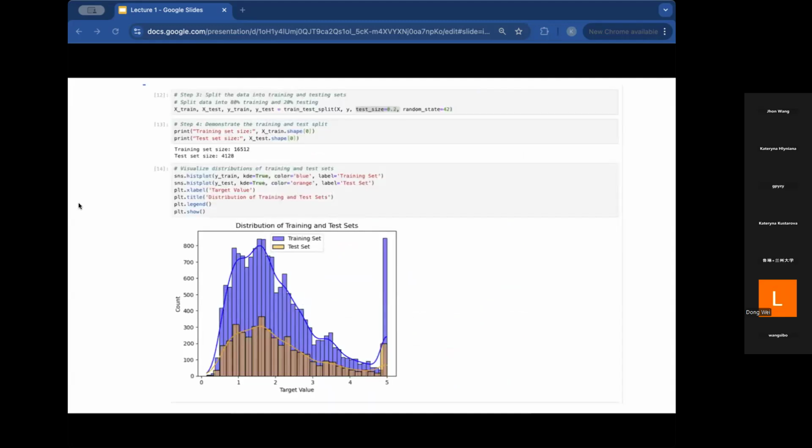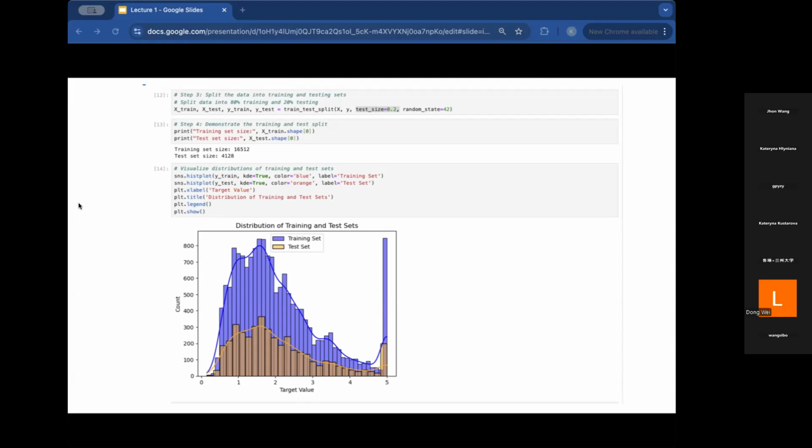Step 3, splitting the dataset into a training and testing set using an 80-20 split. We then visualized the distribution of the target values in both sets using Seaborn's hist plot. The plots show the target value distribution for the training set in blue and the test set in orange.